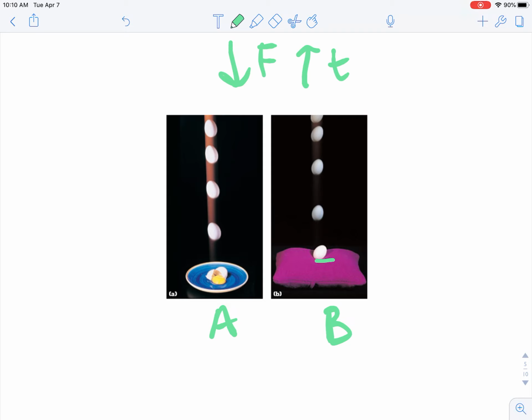It starts stopping it the second it hits the surface, and then it has a little give and takes a longer time to stop it. Versus this plate over here stops it all at once. It has a very short stopping time, so therefore applies a lot of force. If I increase time of impact, I decrease the force acting on my egg and hopefully don't break my egg or whatever object you chose to drop.